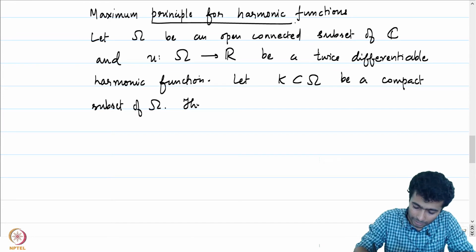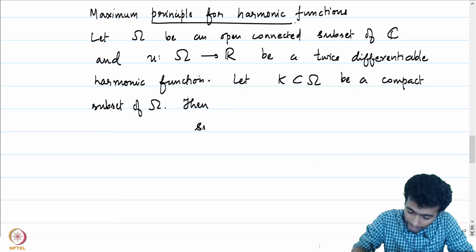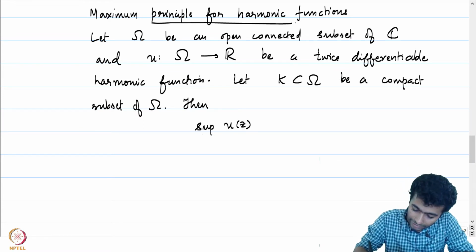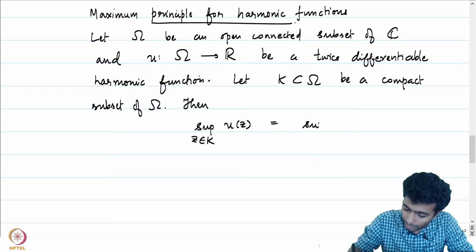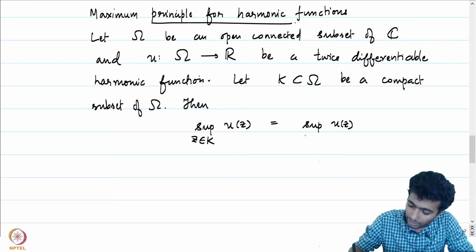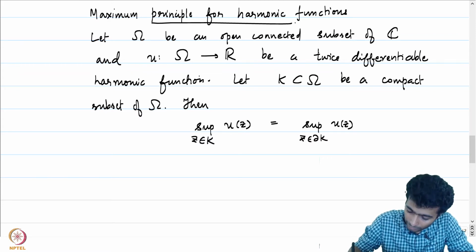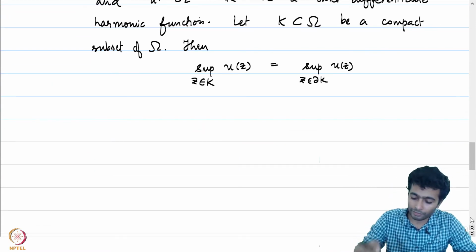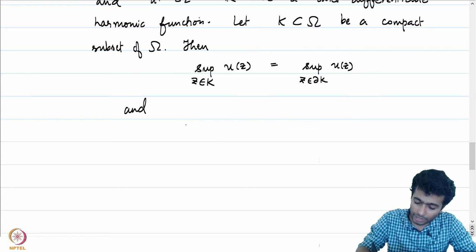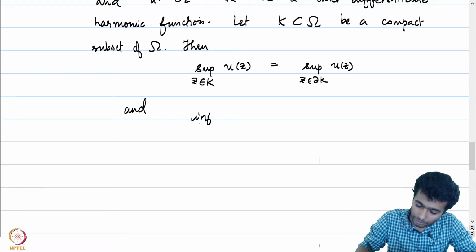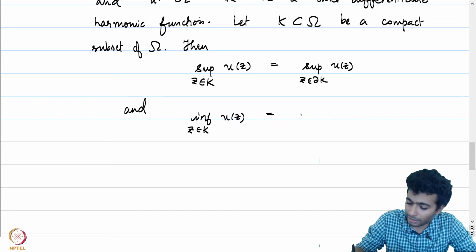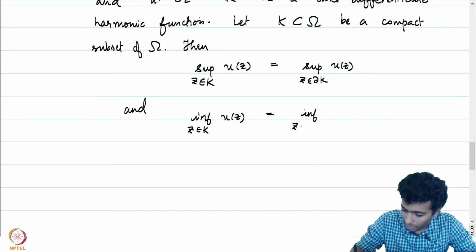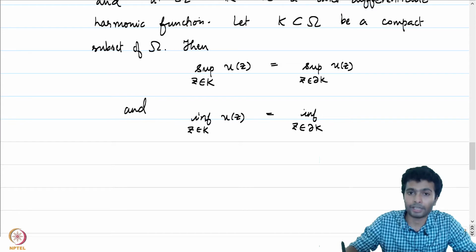Then the maximum principle tells us that the supremum of u of z for z in K is the same as the supremum of u of z for z in the boundary of K. Not just the supremum, the infimum is also similarly satisfied: the infimum over z in K of u of z is the same as the infimum over z in the boundary of K of u of z.